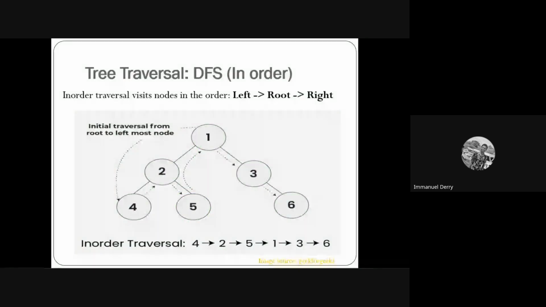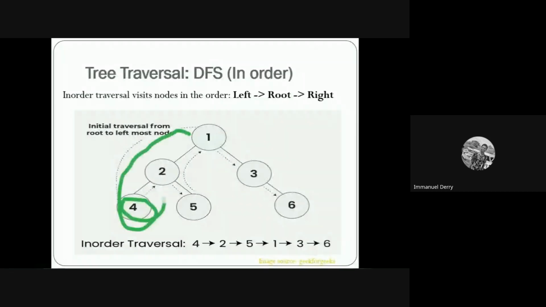All right, let's go through together. So we start from the leftmost, which is this one here, 4. So now move to the root of 4, which is 2, this one here. Now move to right, which is this one here. But we are asked to move to left again, but this is a leaf node. It doesn't have any value. So we move to root. Ideally the 5 doesn't have the root; the root of 5 is 2, but 2 has been visited. So you have to move to right, which is this particular one here.